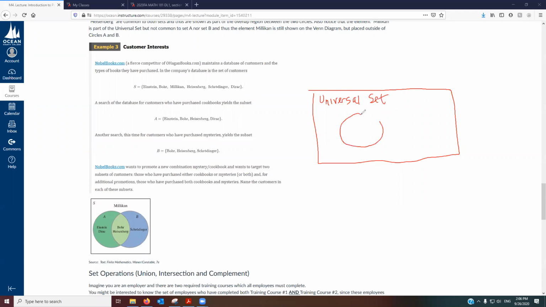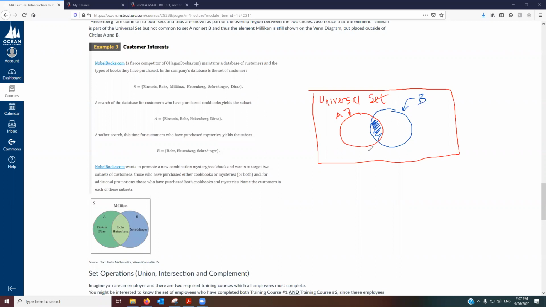I'm going to call it set A. All of the elements in set A have to be put in this red circle. And then maybe I have a set B. I'm going to draw it this way. All of the elements in set B have to go in the circle. Now, if there are any elements in both set A and set B, they would have to go in this overlap in the middle here.